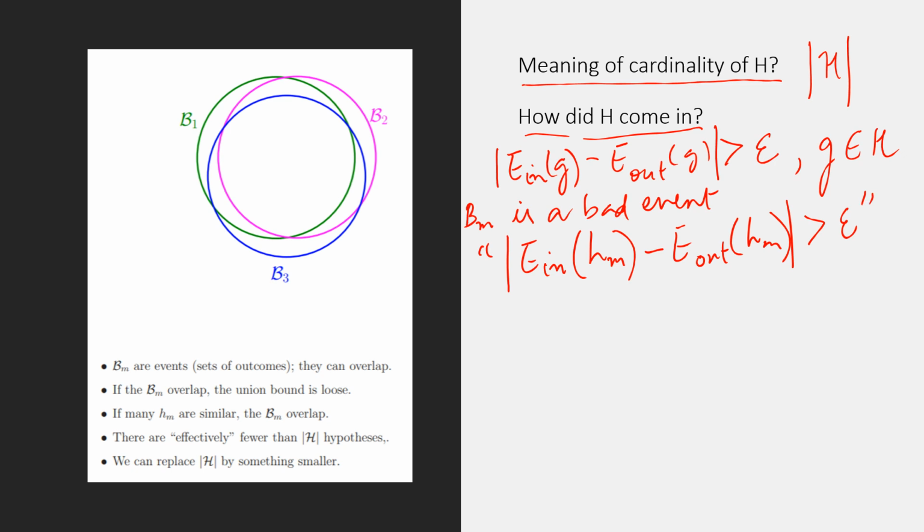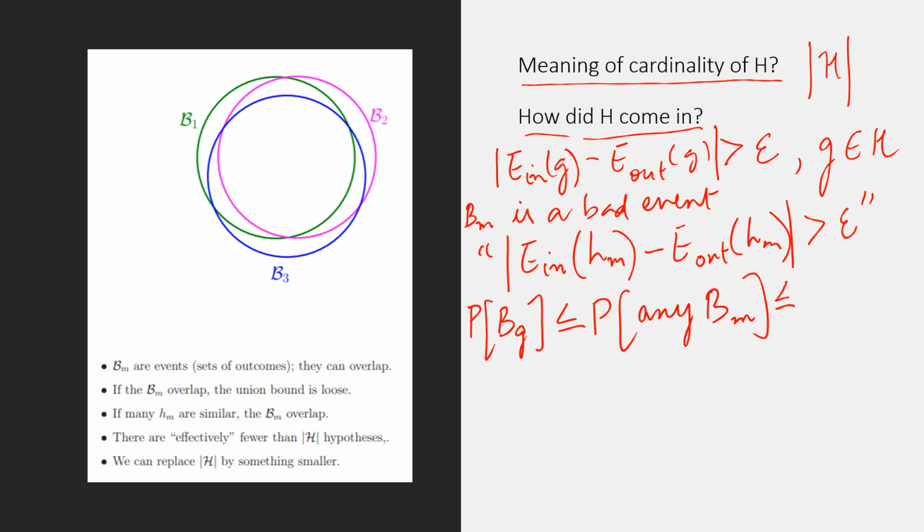Let's say this is a bad event, and then what we said was we do not know which G it is, right? So we will use a worst-case union bound. If you remember, we don't know which G, so there's probably one G, and what we said was the probability of that event happening is less than or equal to the probability of any of these B_Ms.